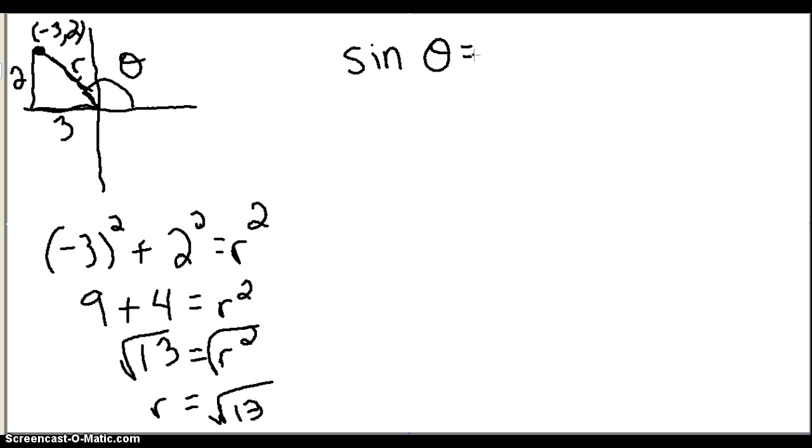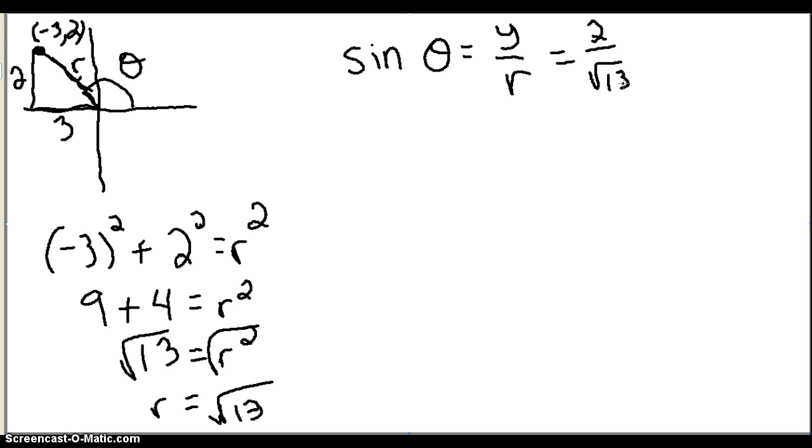So the sine of our angle is going to be the ratio of the y-coordinate over r, which if you look at this triangle, is opposite over hypotenuse. Okay? Think of it that way. So that means our y-coordinate is 2 over the square root of 13. Okay?